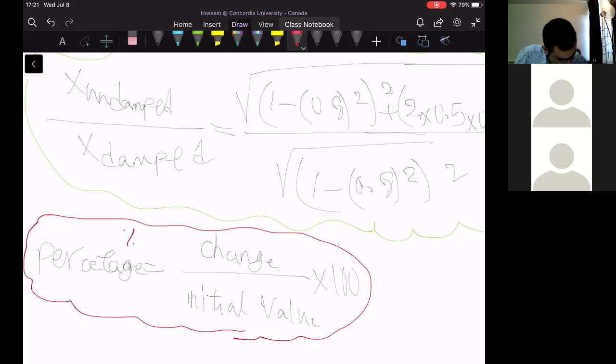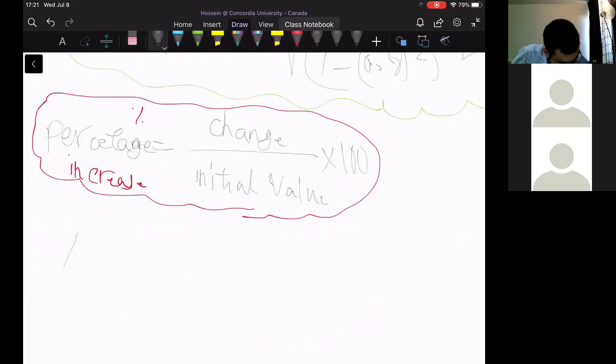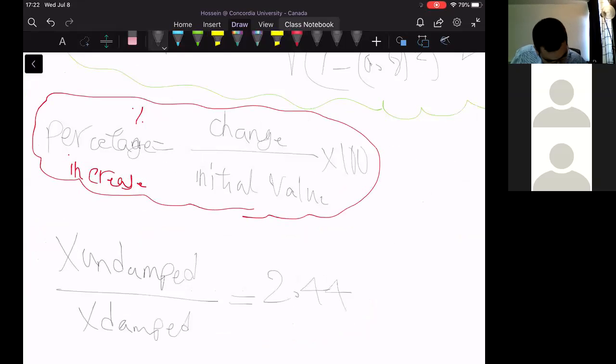We have X undamped over X damped as 2.44. We could give it a denominator of 1.